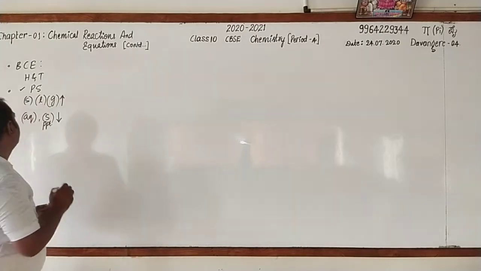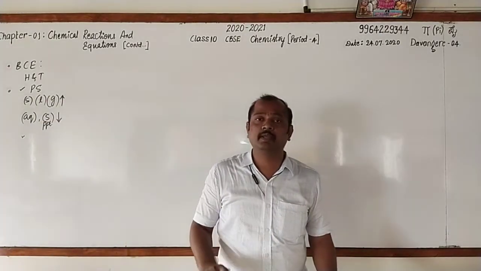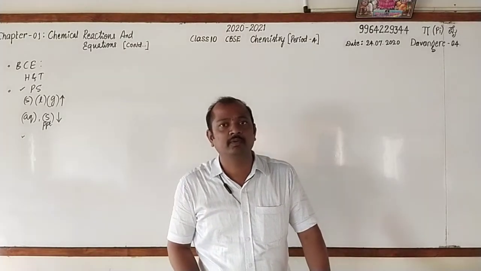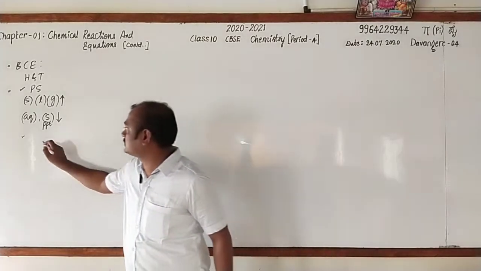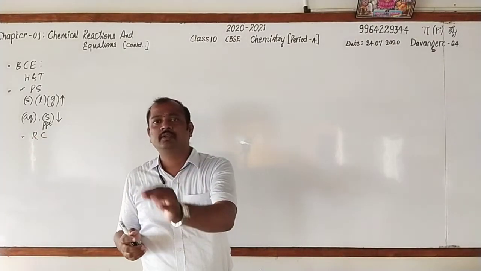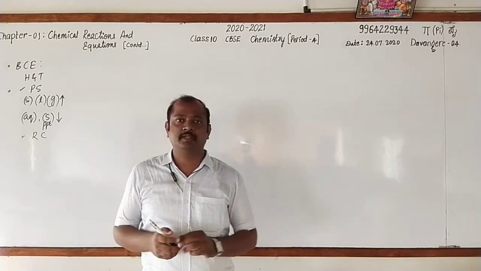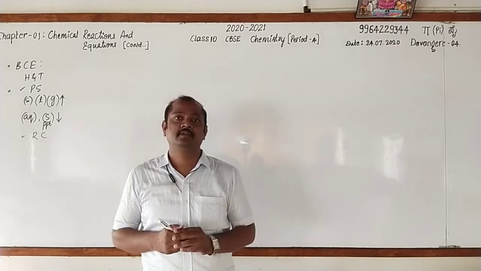Is it done? Next, what is another point to be considered to make a chemical equation more informative? Yes, you are right. It is reaction condition. What are the reaction conditions? You all know that a chemical reaction takes place under some conditions. Sometimes we have to provide heat.